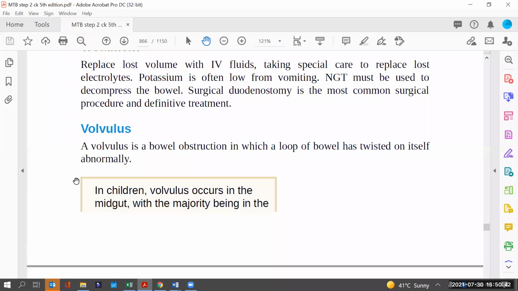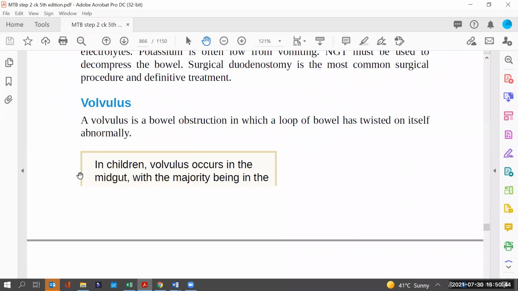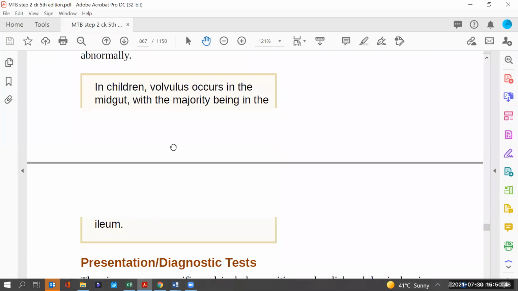In children, volvulus occurs in the midgut, with the majority being in the ileum. That's very common in children, mostly at the level of the midgut. Embryologically also, when the digestive system is forming, there is a physiological volvulus, where the intestine has to take a 270-degree turn and twist around itself.